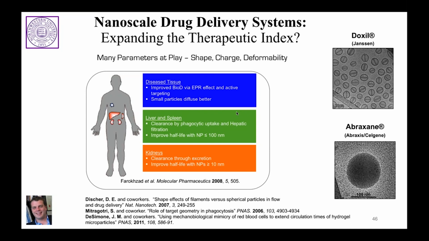What we're interested in is the different parameters that are at play that define the pharmacokinetics, how long it stays in the bloodstream, and ultimately where it distributes within the body, how these parameters can be changed in time, not just a static system. So we got interested in how a particle could be made stable in the bloodstream, for example, but very unstable within certain tissues.